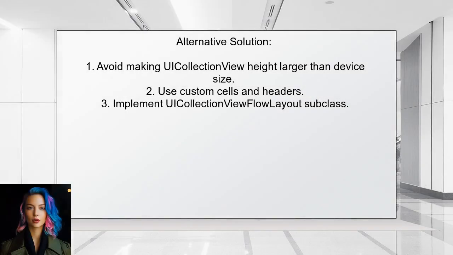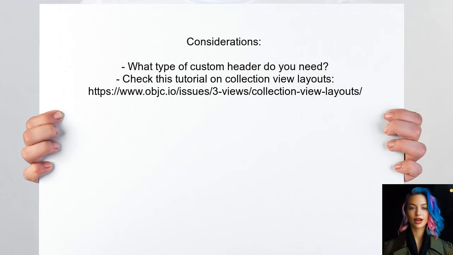An alternative approach suggests that trying to make the UICollectionView height larger than the device size can lead to memory issues, especially with a large number of images. Instead, consider using custom cells and headers with a UICollectionViewFlowLayout subclass. The user also points out that they didn't see any headers in the Pinterest app and asks what kind of custom header is needed.